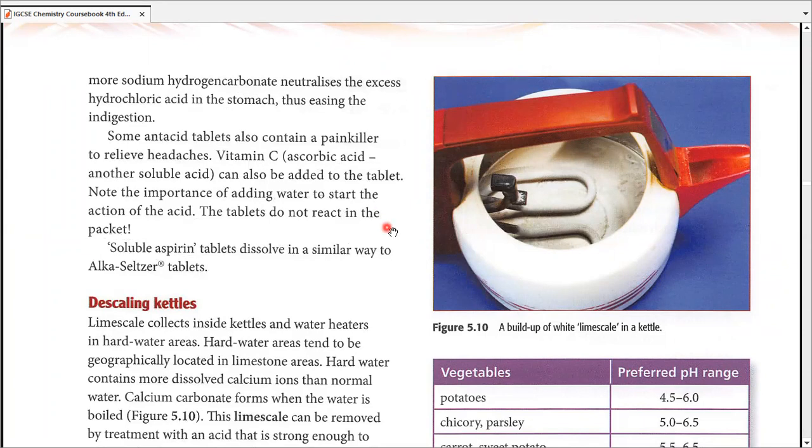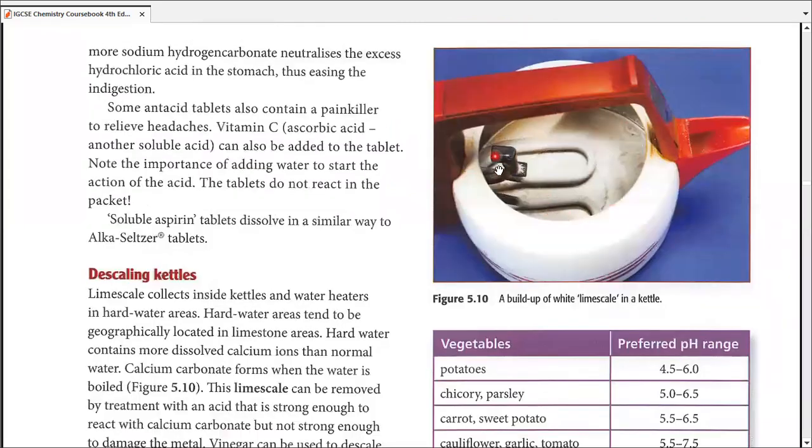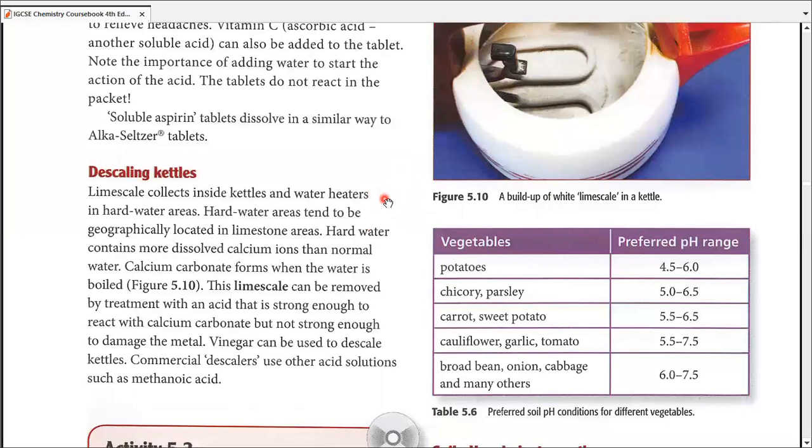So moving on, descaling kettles. The kettles that we use commonly come up with these white scales all over the kettle. This was supposed to be of silver gray appearance, but it's almost white now. We call them scales. Scales come because there are carbonates of calcium and magnesium.